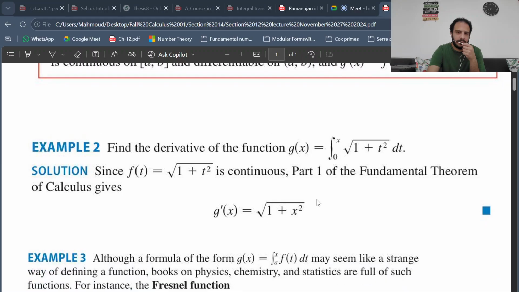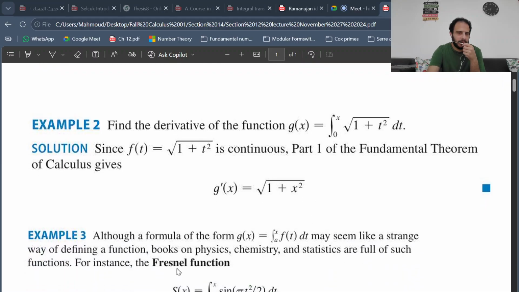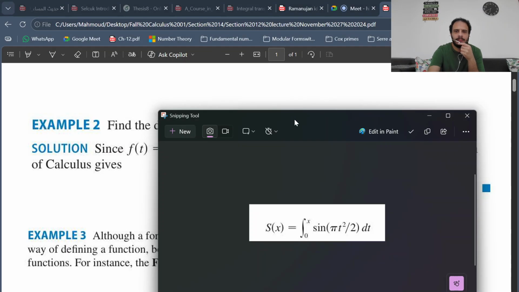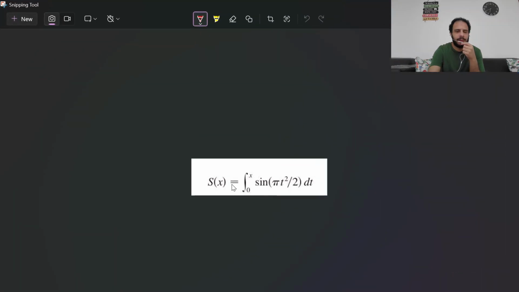Now let's solve this one. This one is called the Fresnel function. What's the derivative of this function?